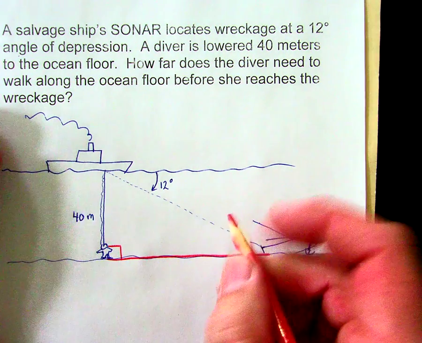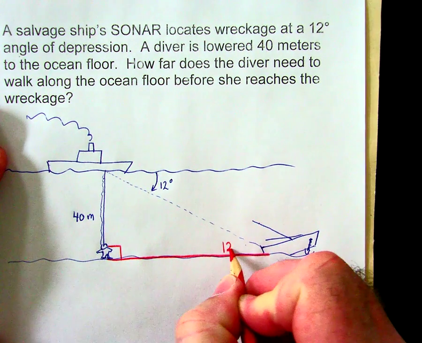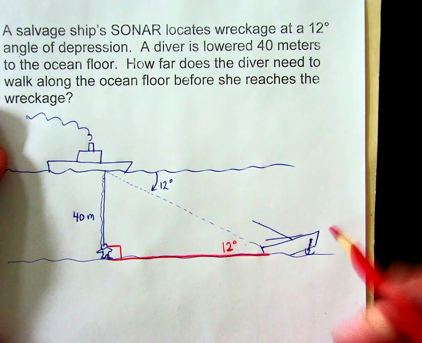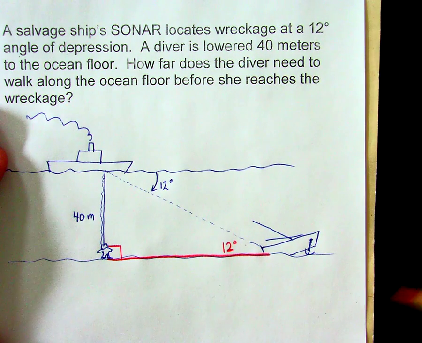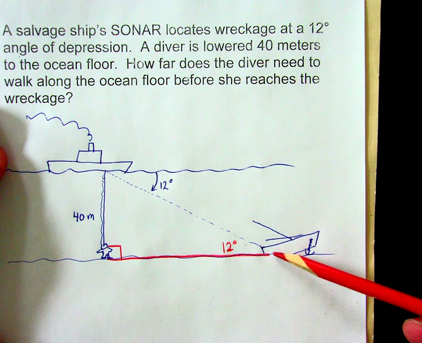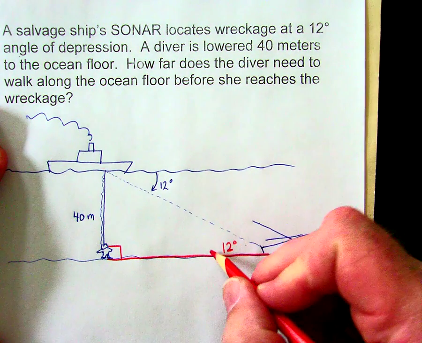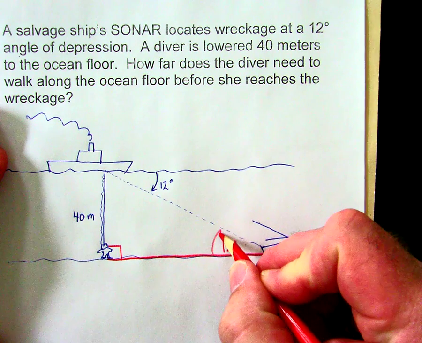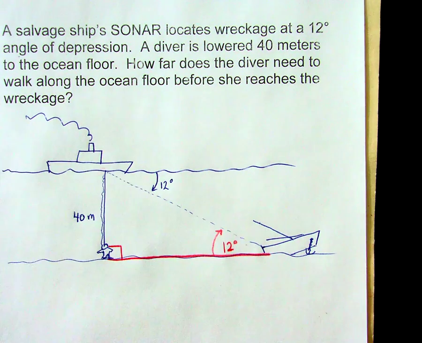So one way of doing this would be to say, well, if we have a 12-degree angle of depression from the ship to the wreckage, there has to be a 12-degree angle of elevation from the wreckage looking back upward toward the ship. Because if two parallel lines are cut by a transversal, alternate interior angles have to be congruent. So that was one way.